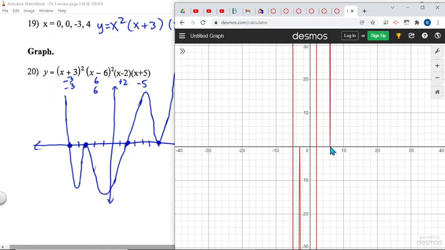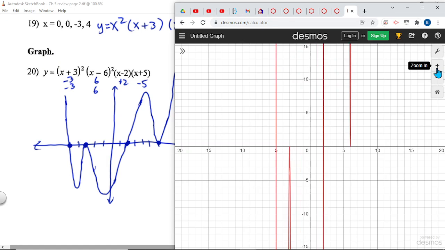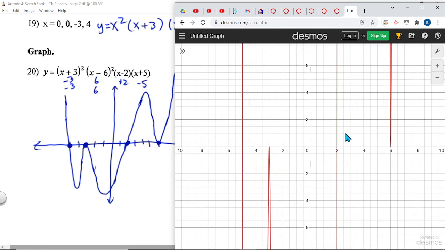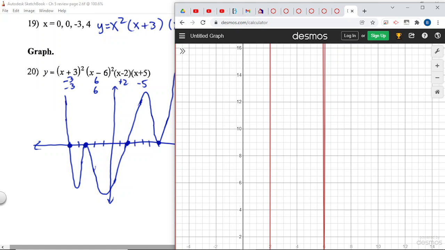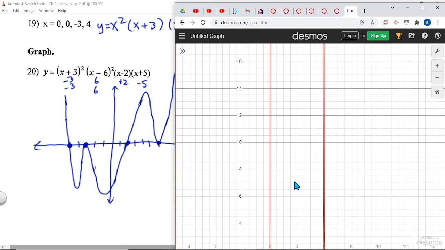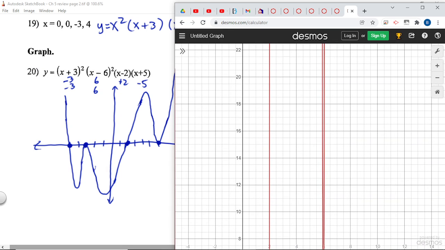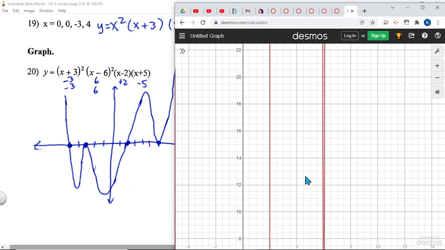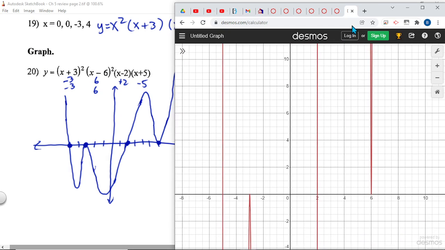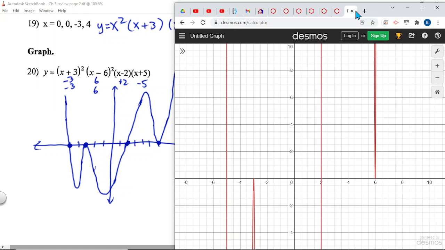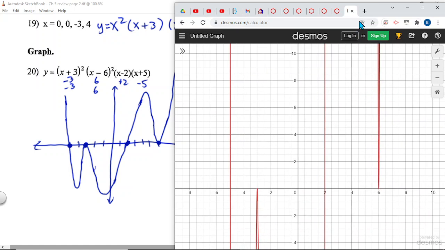And then you can't even tell. It just looks like it stops. But if we zoomed in first, we could see it is bouncing and going back up. See, it's widening out. Those are two different. It came down and went back up. So it's hard to see. Let's go ahead and zoom out.